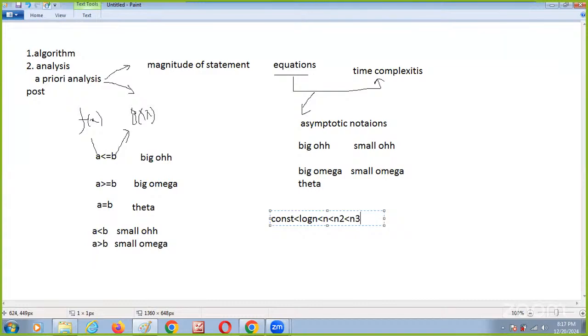That is not n2, n3; it is n square, n cube, and then 2 power n.